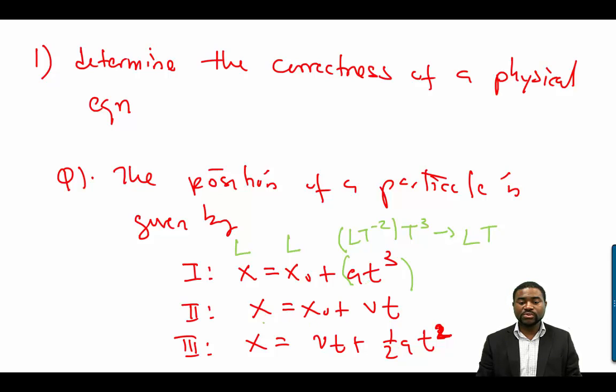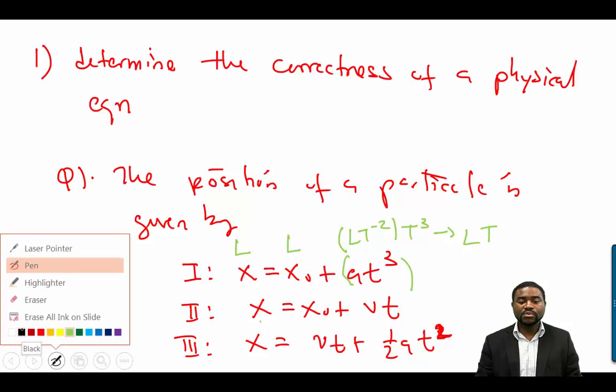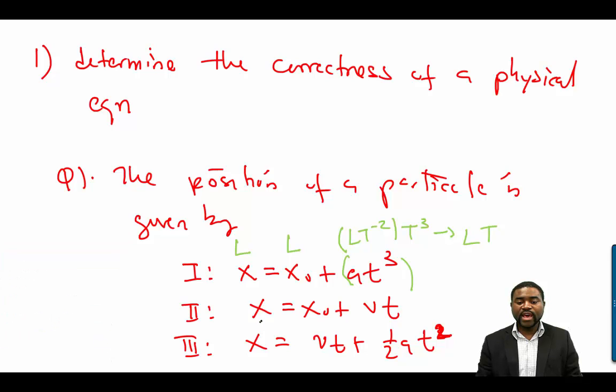Let's move on to equation 2. If you look at equation 2, the dimension of x is L, the dimension of x naught is L, and the dimension of vt is Lt minus 1 multiplied by T, which is the same as L. So equation 2 is dimensionally consistent, which means it's correct.